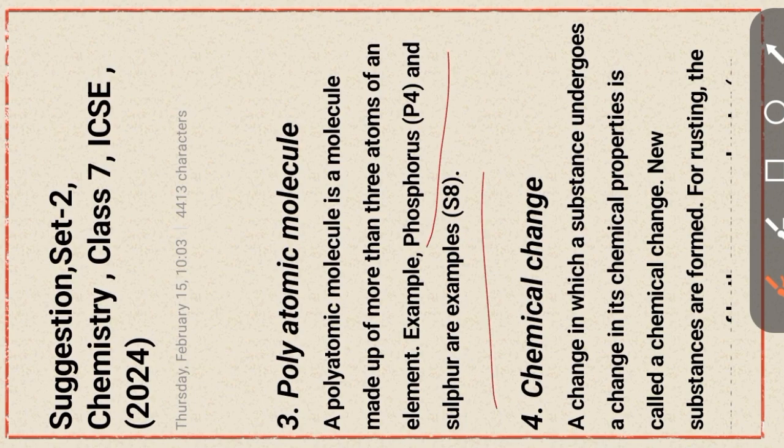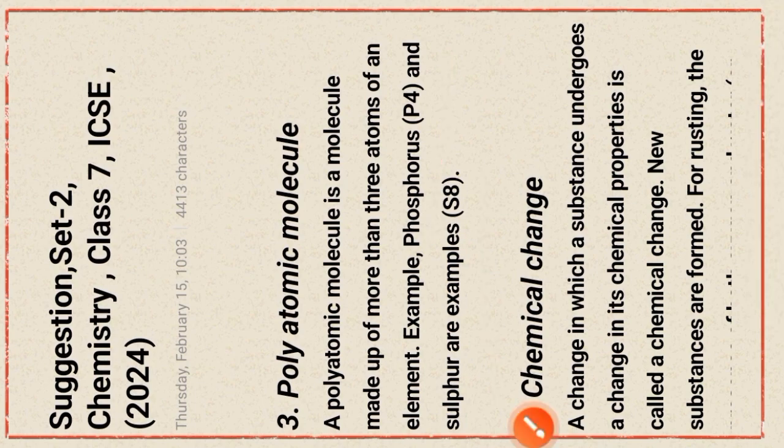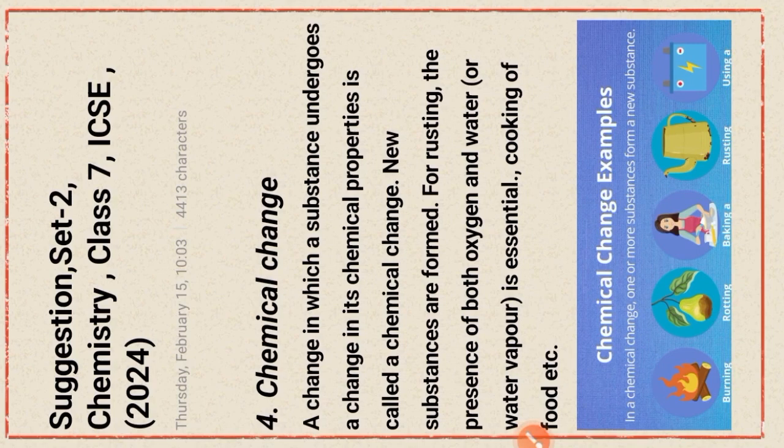Okay. Next question, chemical change. A chemical change is one in which a substance undergoes a change in its chemical properties. That is, new substances are formed. For rusting, the presence of both oxygen and moisture, that is water or water vapor, is essential.